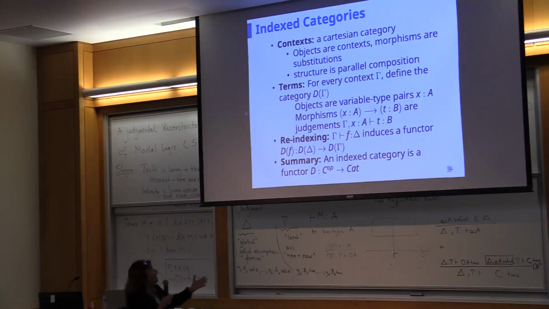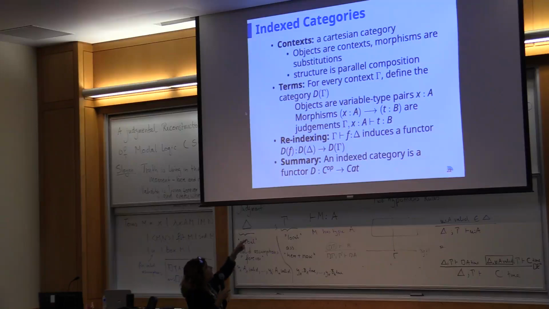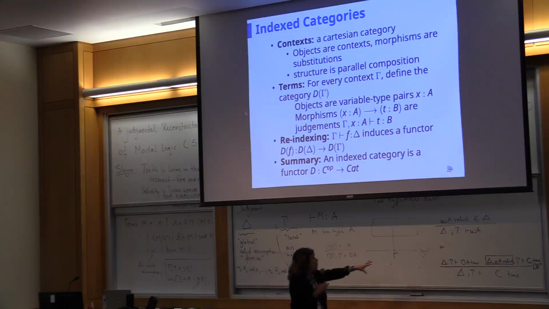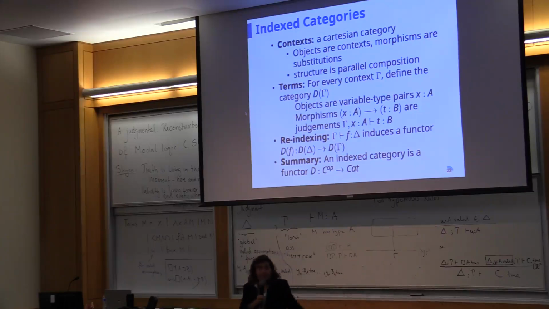And the category has variable type pairs, and morphisms are the terms that we've been playing with all this time. And the fact that we do the substitutions on the bottom is what makes this re-indexing work.